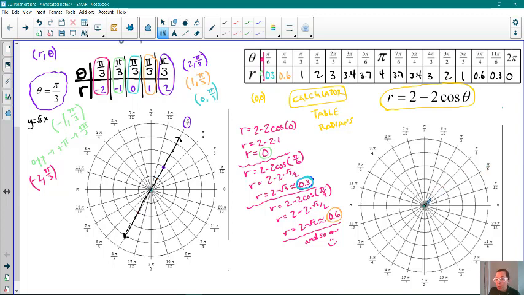So I'll go towards pi over 6, 0.3. So that's just a teeny tiny bit out. Okay. Then I have 0.6, pi over 4. So towards pi over 4, I will go out 0.6. I have the ordered pair 1, pi over 3. Towards pi over 3, I will go out 1 step.